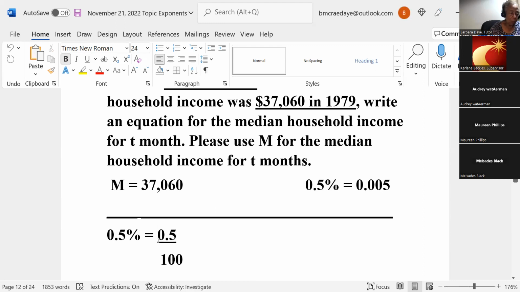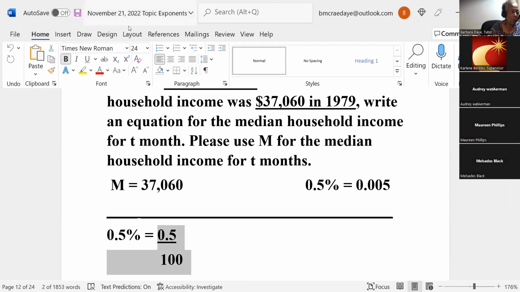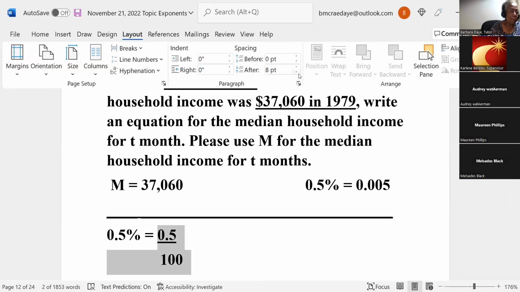Okay, so 0.5 over 100 would be what over 1,000, Audrey? 0.5 over 100, what would that be equal to?